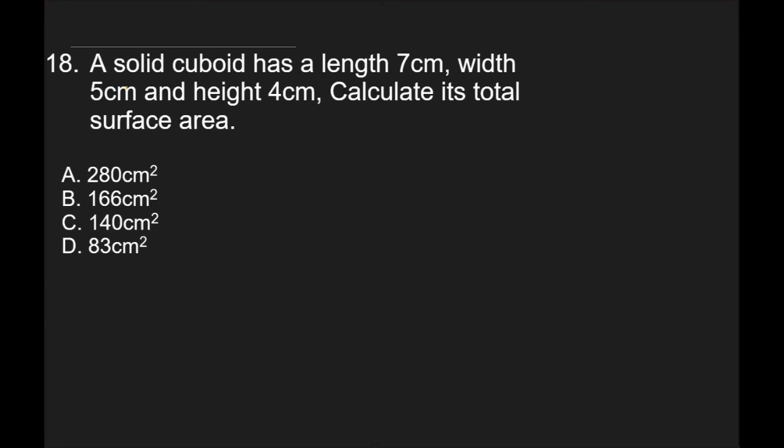Question 18. A solid cuboid has a length of 7 centimeters, width of 5 centimeters, and height of 4 centimeters. Calculate its total surface area.